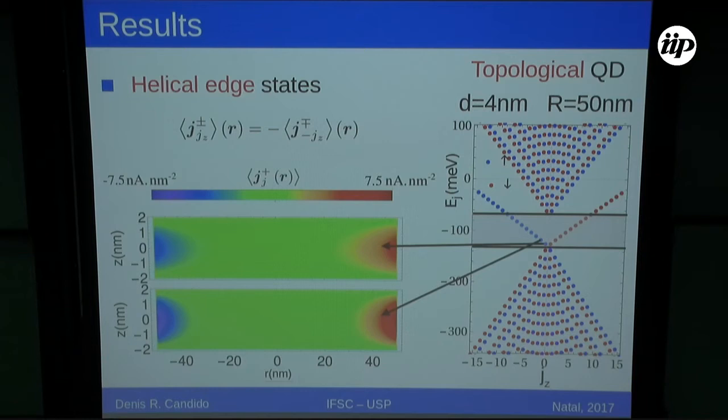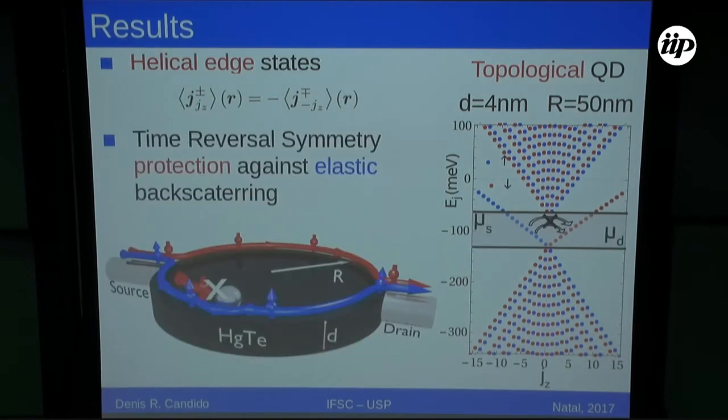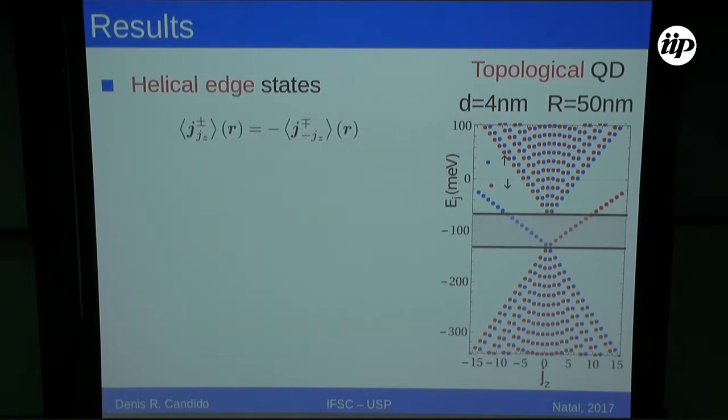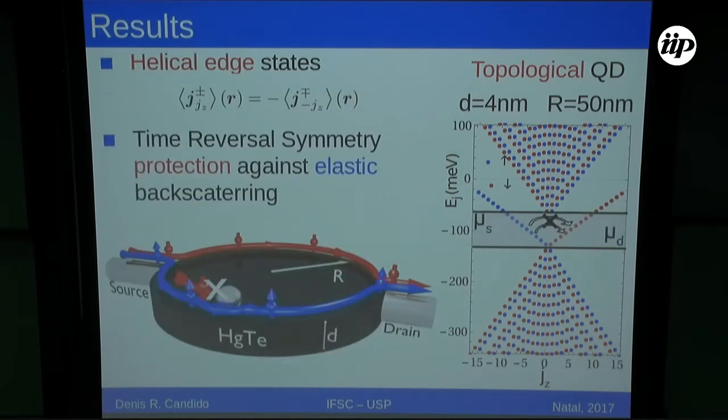So it's a circulating current like this picture here. This is what is happening in this kind of quantum dot. I have a spin up circulating current that does this movement described by this picture, and I have a spin down current that is going in the opposite direction.